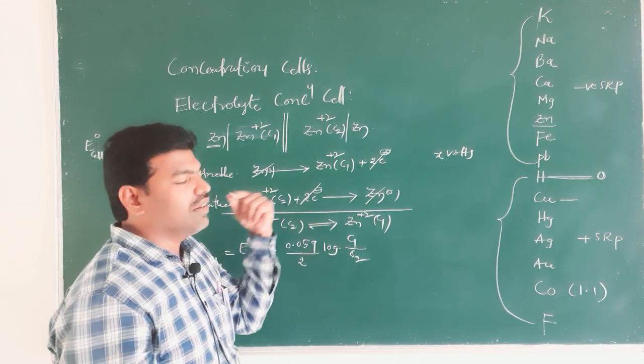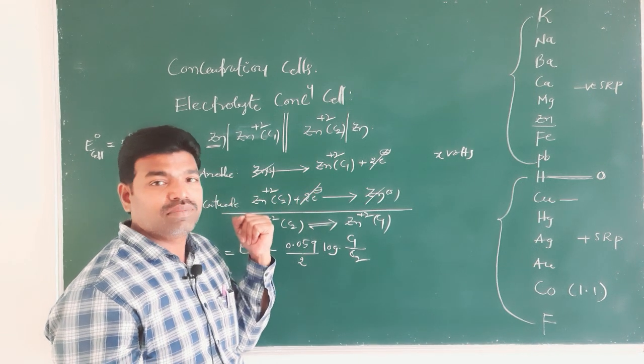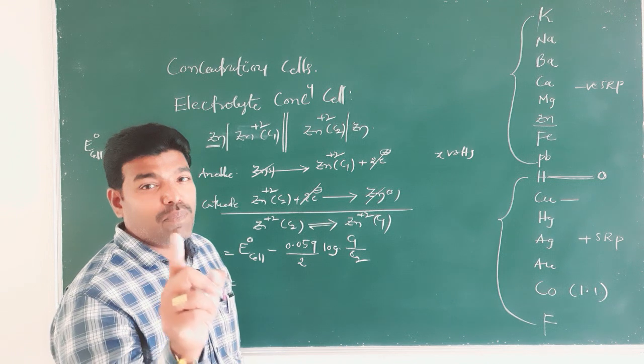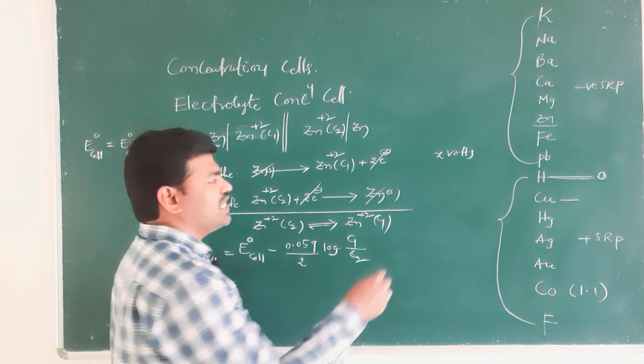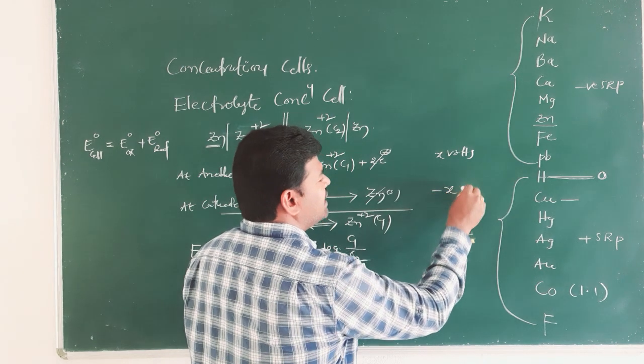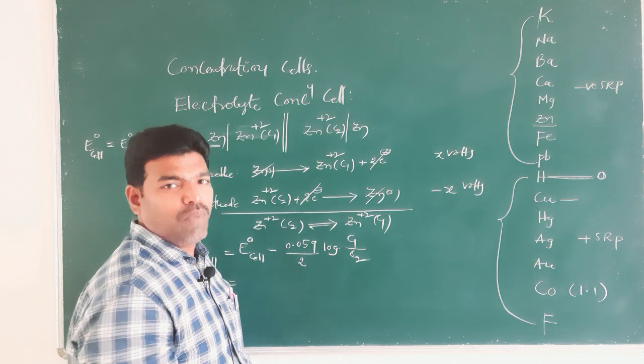The electrode potential for reduction is opposite to the oxidation potential, meaning you just change the sign of the potential.